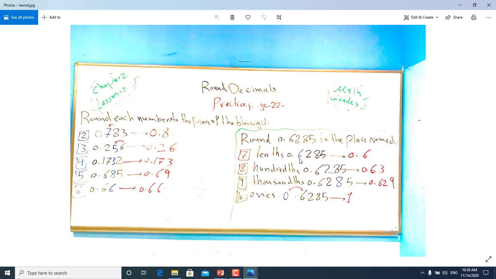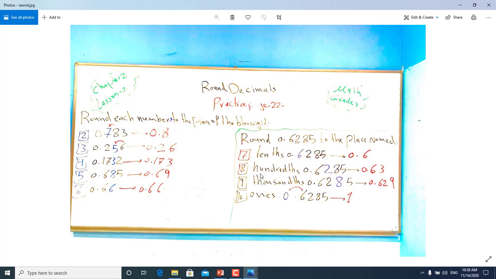Let's round for the 6. Any number we have before 6 is just 0 point, and we write 0 point. After that, we will look at the digit next to 6 on the right, it's 2, so it's less than 5. It's rounding down, we don't increase any number over 6, we write 6 the same, and the last digits we let go.